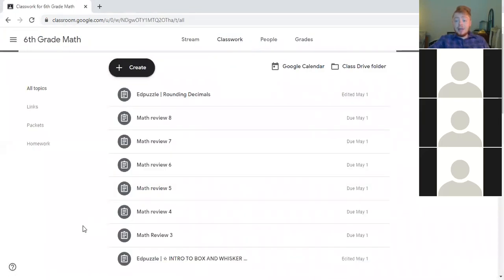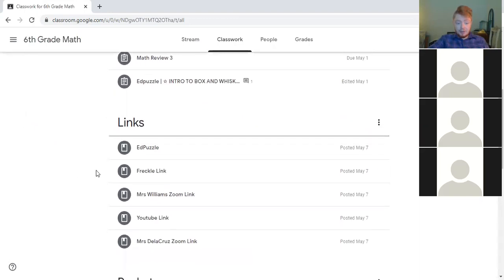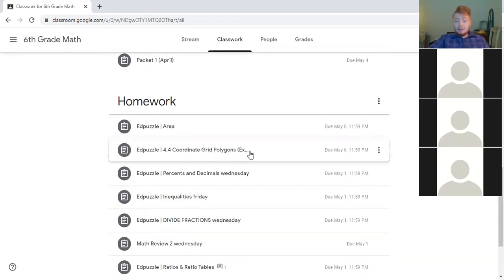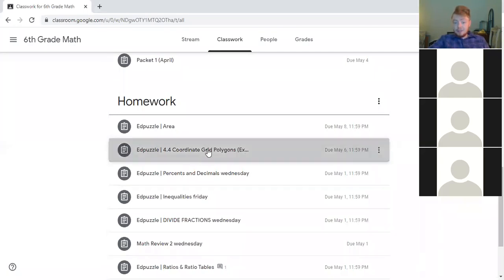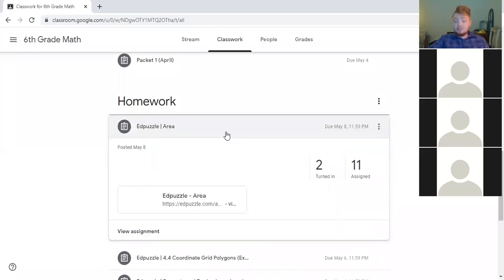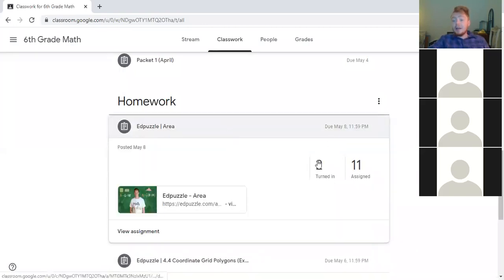And again, if you can't do it online, do a page in your packet and send me a picture of you doing it. As you can see, homework from last Wednesday, the 6th, is when we started this, and only 2 of you did it. And then last Friday, we started area, and again, only 2 of you did it.